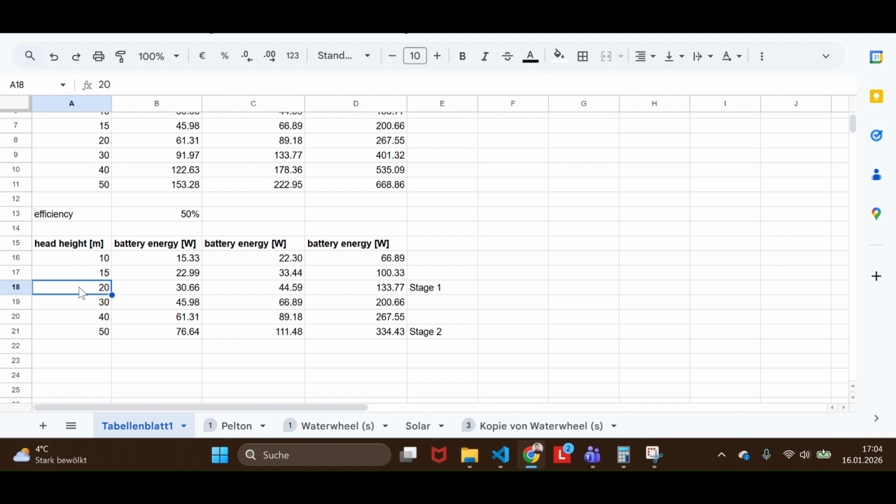At a head height of 20 meters, which is my stage 1 scenario, I would be getting 133 watts into my batteries. At stage 2, with a head height of 50 meters, I would get 334 watts into the battery.